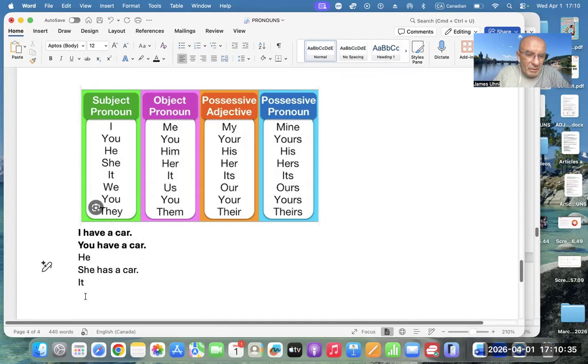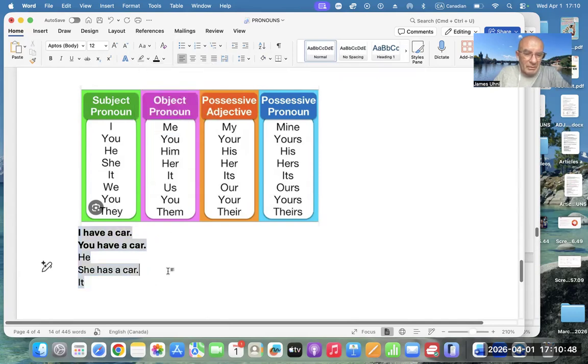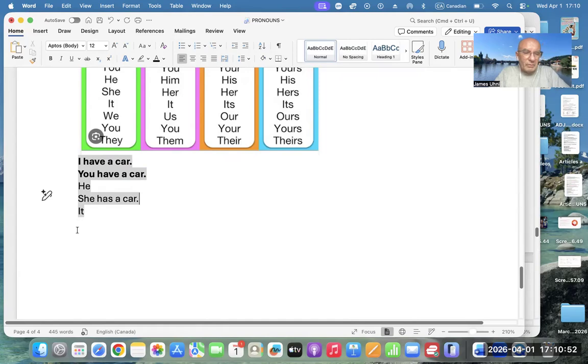Now we have plural. These are singular pronouns. If I cover it in gray. Okay, these are singular, and we have we, you, they.